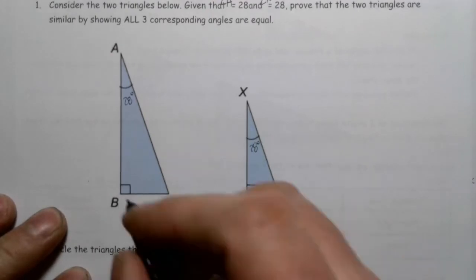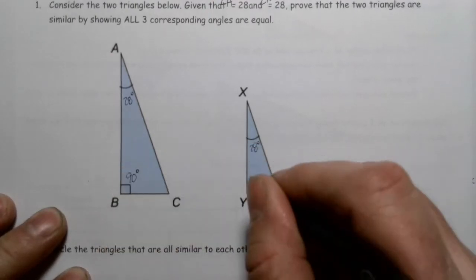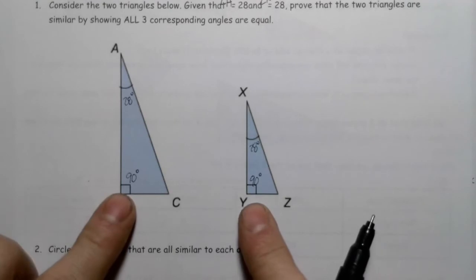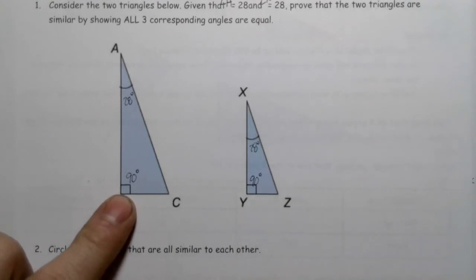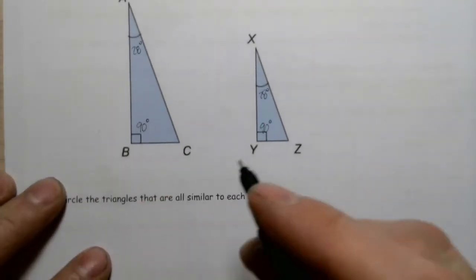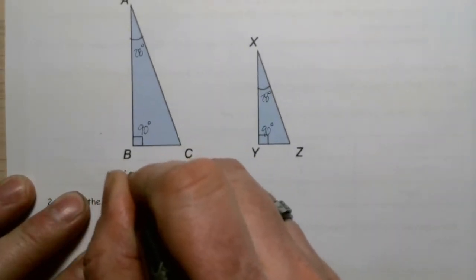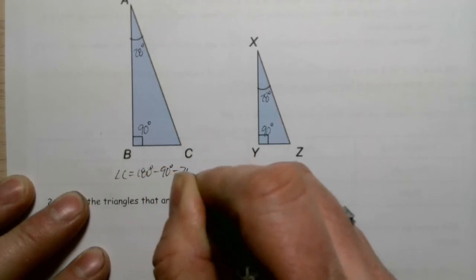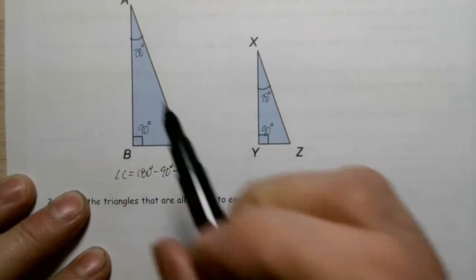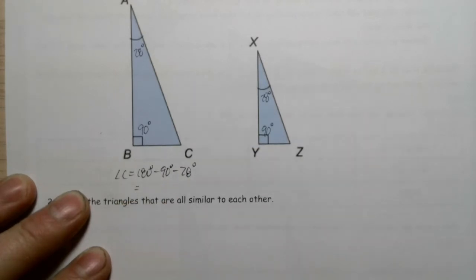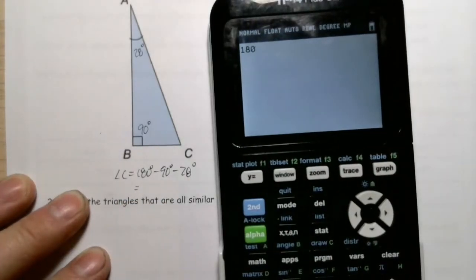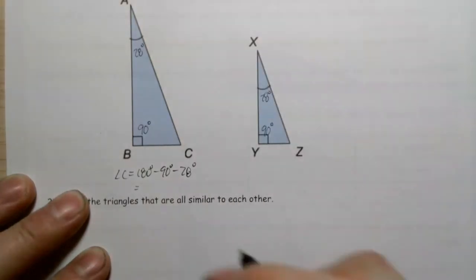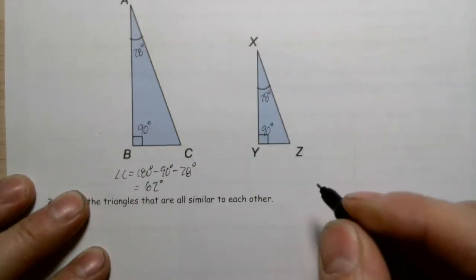Because of the way this is drawn, where that little square is, that's going to be 90 degrees. If I want to figure out angle C, it's going to be 180 degrees minus 90 degrees minus the 28. I get 62, so angle C is 62 degrees.